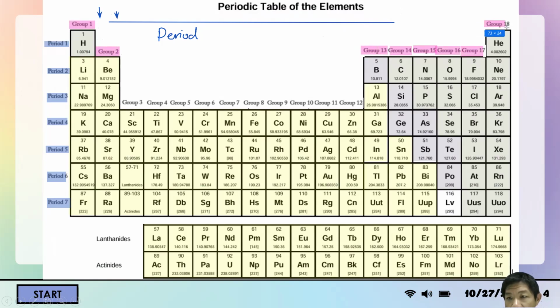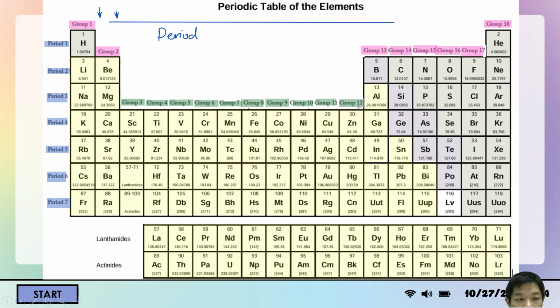So groups 1, 2, 13, 14, 15, 16, 17, 18 are what we call the main group elements. Main group elements. Okay, and then we also have another set of elements which lie somewhere in between here: group 3, group 4, group 5, group 6, group 7, group 8, group 9, group 10, group 11, group 12.